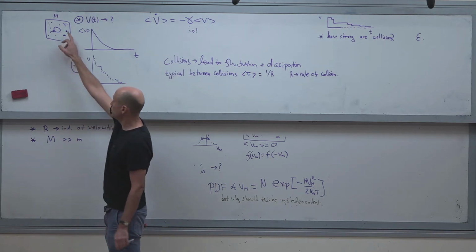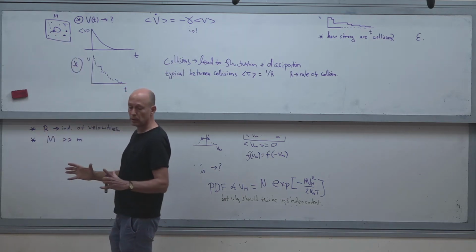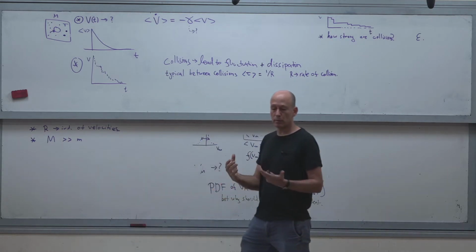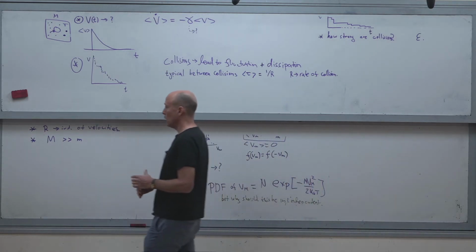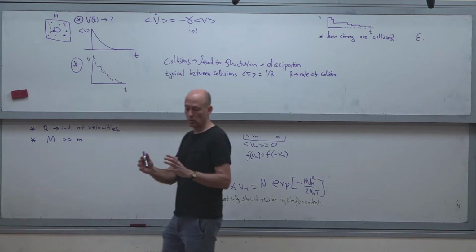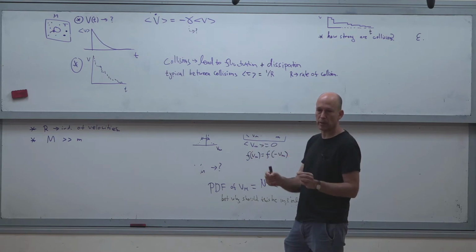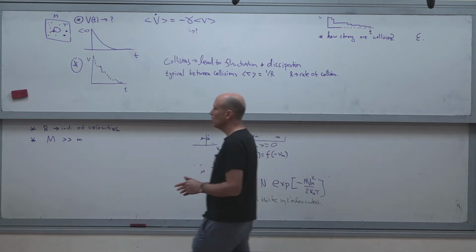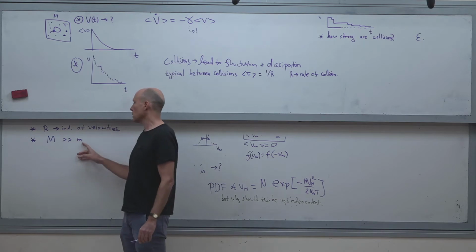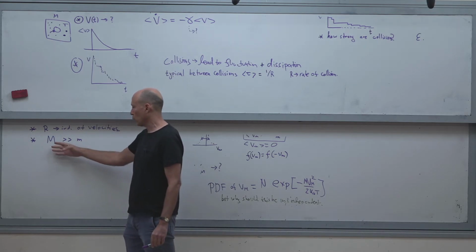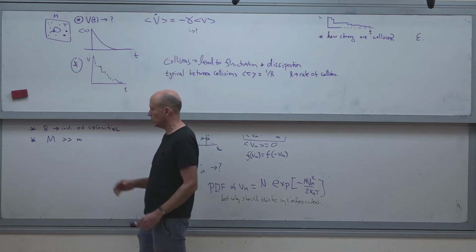These are the small gas particles, and we assume that the big particle has a mass much bigger than the small particles. This is very natural. For example, we follow a very big Brownian particle. It can be only 1 micron, but it's still much bigger than the gas particles, which are angstrom size. So this is the assumption, and this also means that this guy is slower compared to these guys.